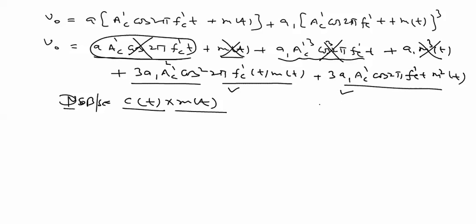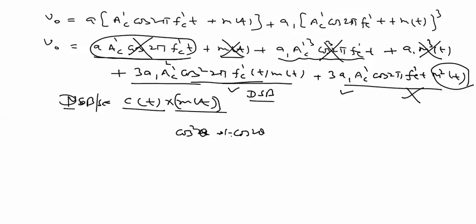Out of these two terms, one term is the desirable component. In this term, message signal square is available in the output. We require only the message signal, which means this is not our DSBSC, this one is. In this component, fc dash cos square theta can be converted into cos 2 theta.